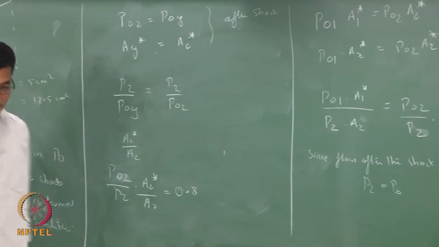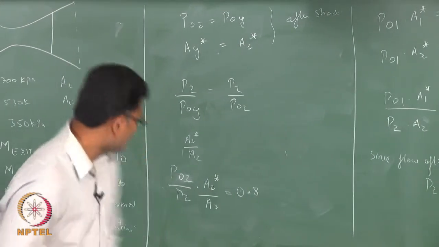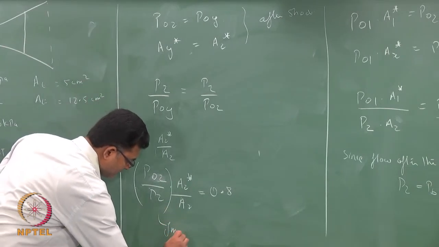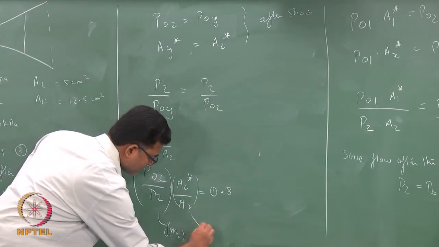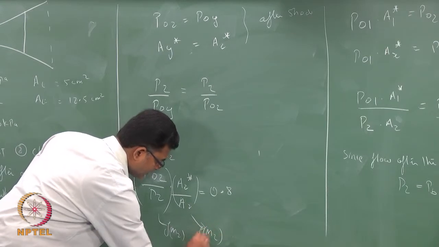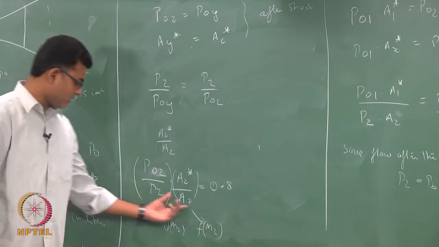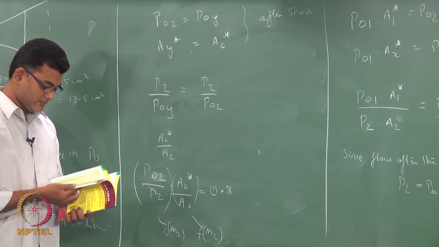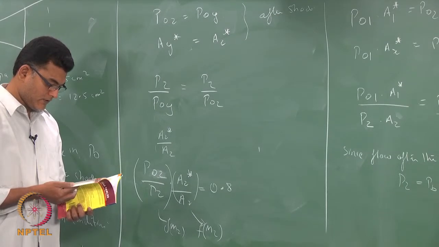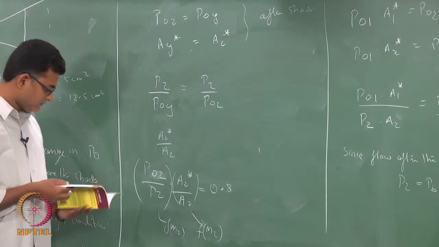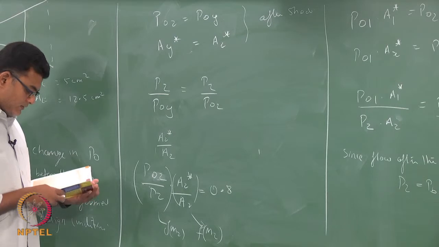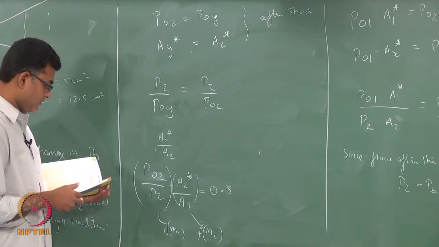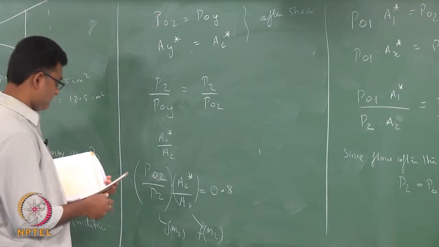Now if you look at the tables, this is a function of M2. So if I know the product, I should get my M2. If you look at the isentropic tables for gamma equals 1.4, you have this ratio given.